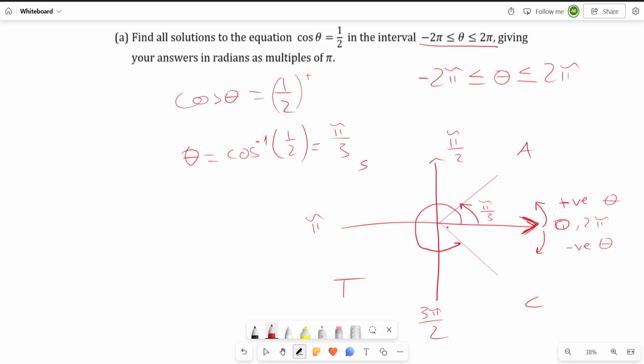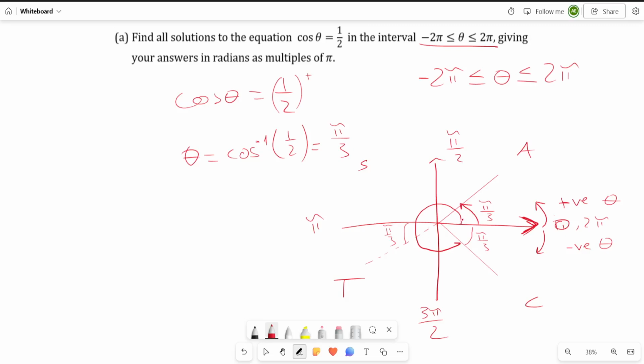So how do I calculate this? Okay, I know that this is pi over 3, okay? And I know that this, if I extend this, is also pi over 3, okay? And I know that also, using symmetry, this is also pi over 3, okay?